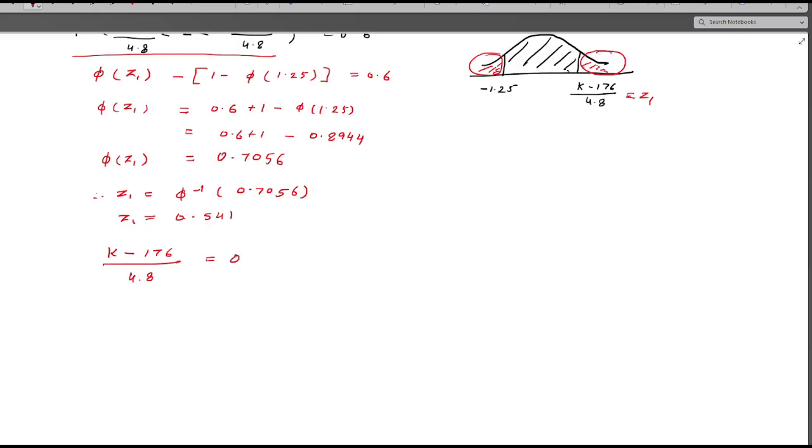And z1, if you see, is (k minus 176) divided by 4.8, and this is equal to 0.541. So the value of k is 0.541 times 4.8 plus 176. We will get 178.59.